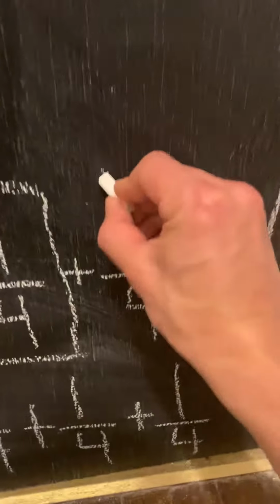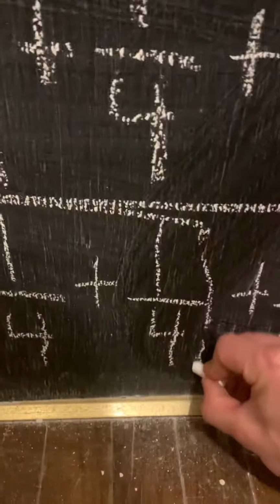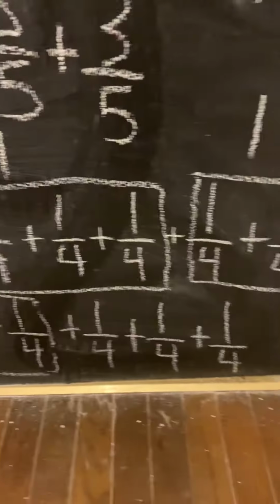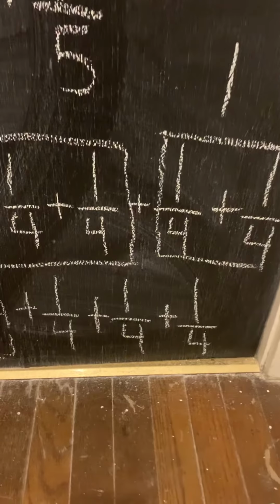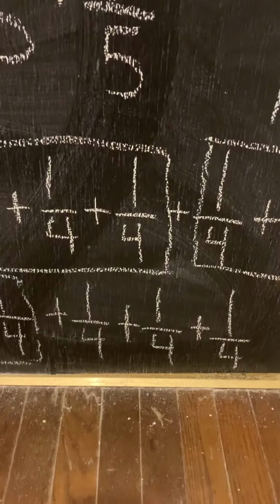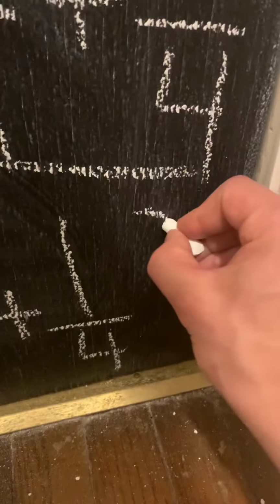And then let's keep adding them up together. We're going to run out of room, but 1/4 and 1/4 plus another 1/4 and another 1/4. There's another 1 whole. And let's see, can we get one more whole? 1/4 plus 1/4 plus 1/4 equals 3/4. We'll write that down just so we keep track.